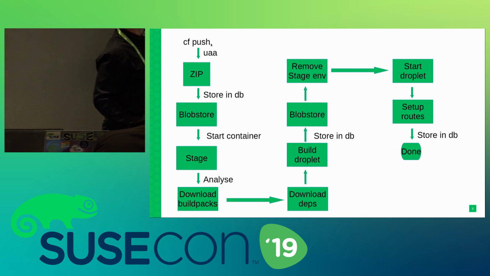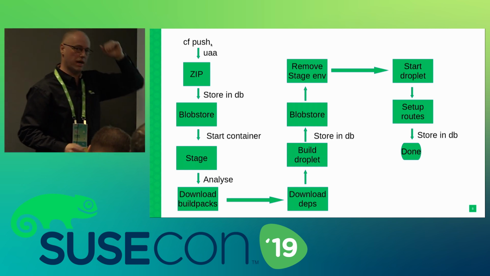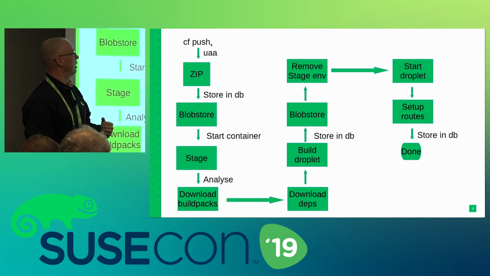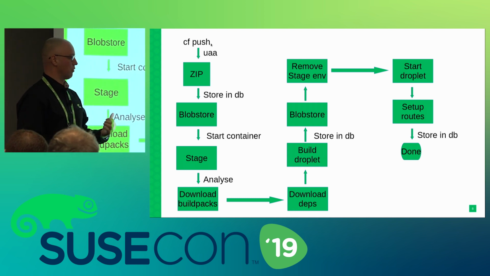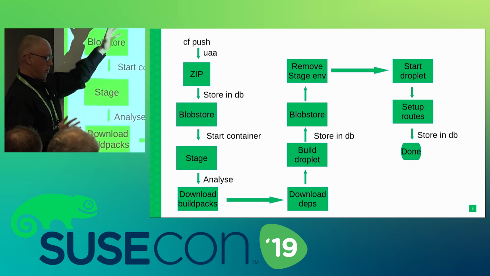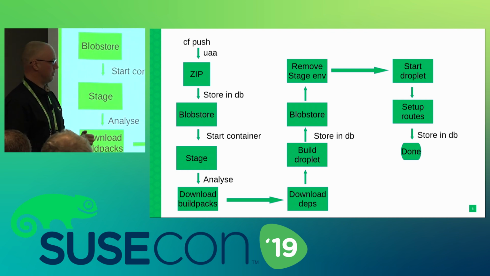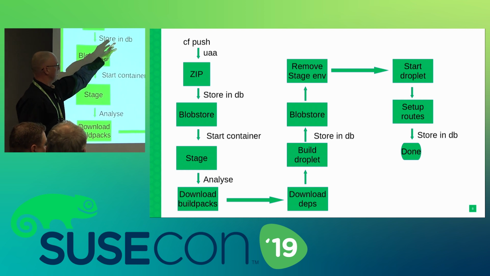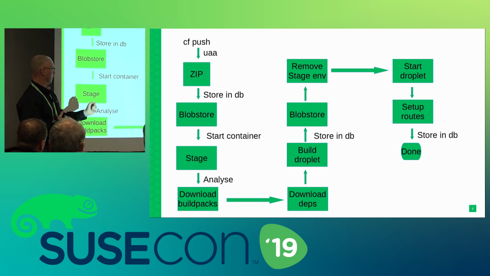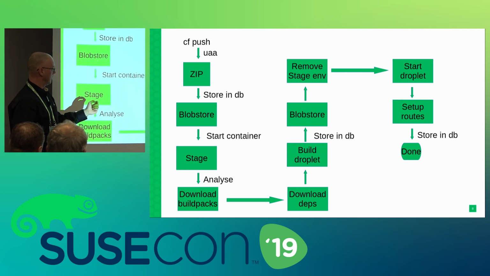When I do the cf push, it communicates with the UAA and makes sure that I'm allowed to push code to it, and I have logged in before. It compresses everything I have in the directory where I'm standing when I run the cf push, creates a zip file and sends it up to Cloud Foundry, to something called the blob store.